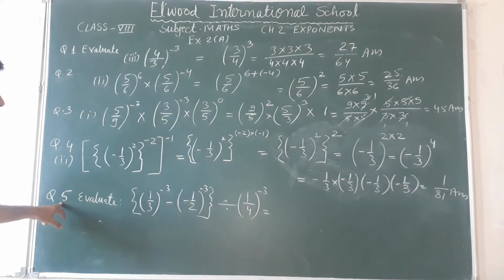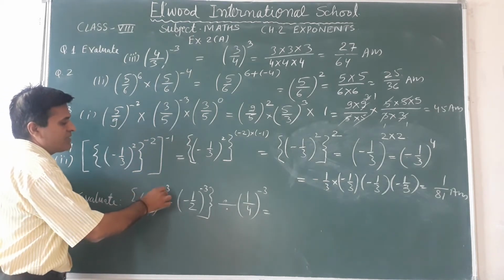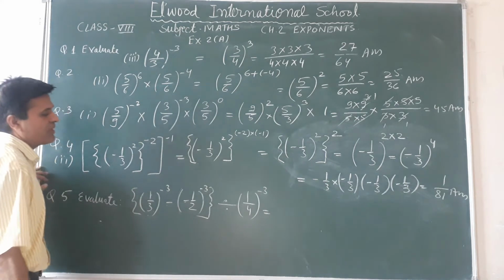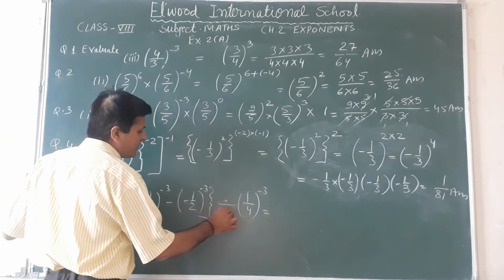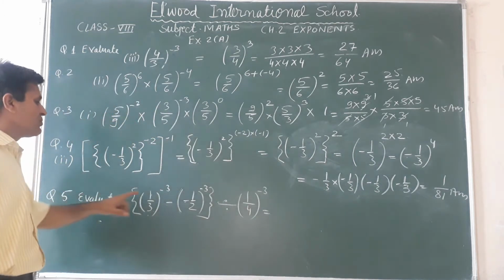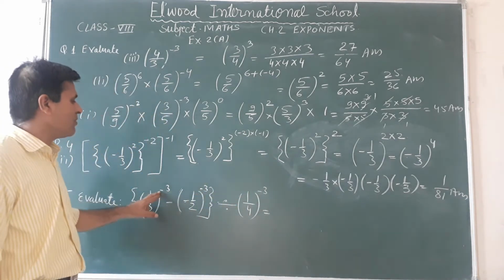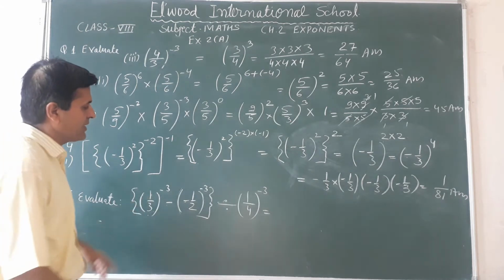Now question number 5 we are solving. Evaluate (1/3) raised to power minus 3 minus bracket (minus 1/2) raised to power minus 3 braces divided by (1/4) raised to power minus 3. So in this all the three powers are negative. First of all we will make them positive by taking the reciprocal of the rational number.